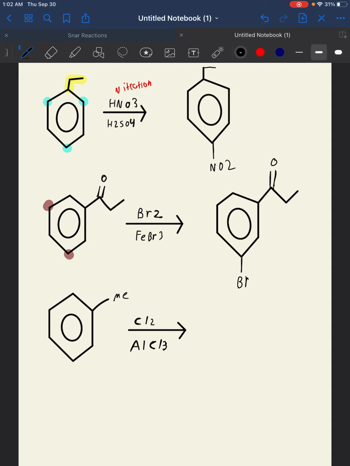For the next one, once again, another halogenation. However, it's got methyl on here, so it's going to come down to some statistics. Even though it can add in the ortho or para position, since methyl is sterically unencumbered, it's going to add at the ortho position. 2-to-1 ratio, baby.